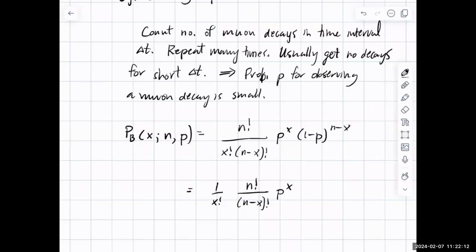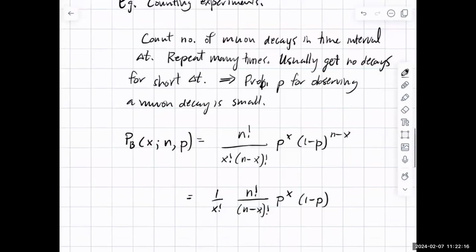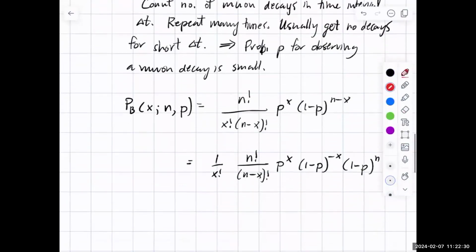I could write that as 1 minus P to the minus X times 1 minus P to the N. Okay, so I've just broken this up in some funny way. And we're going to work on these different factors in this product. So I'm going to call this N factorial over N minus X factorial factor 1.